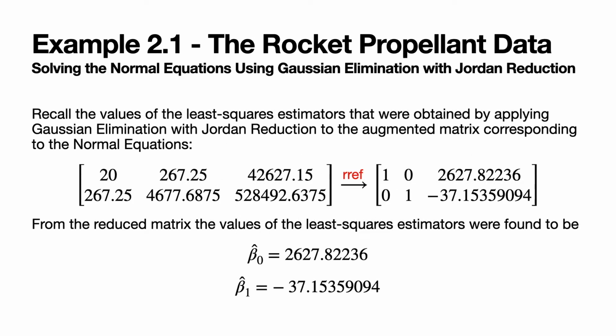Now recall the values of the least squares estimators that we obtained by applying Gaussian elimination with Jordan reduction to the augmented matrix corresponding to the normal equations. We did this in a previous lecture video, and we found the least squares estimators of beta 0 hat and beta 1 hat from the reduced matrix to be beta 0 hat equal to 2627.82236 and beta 1 hat equal to negative 37.15359094.